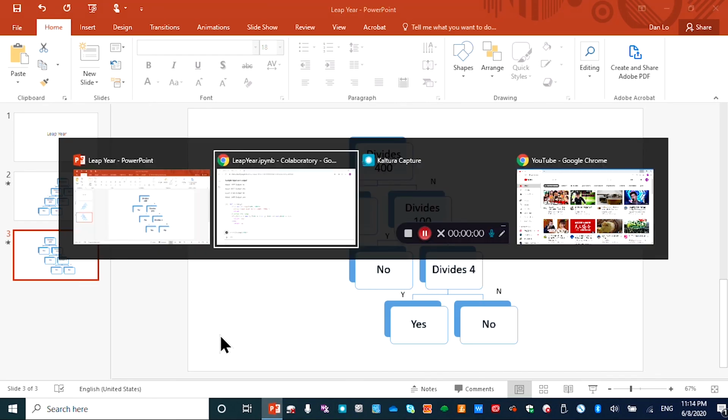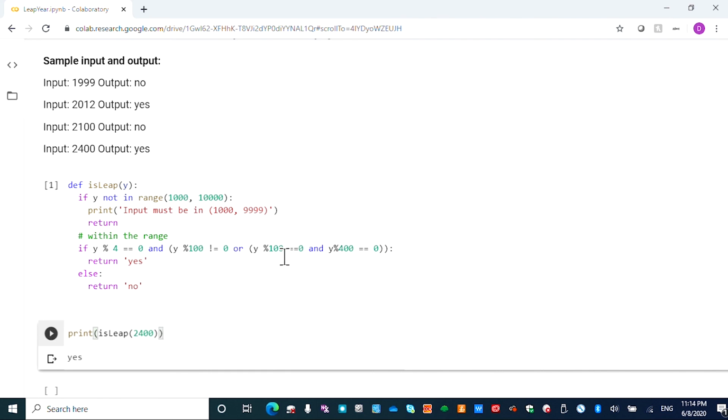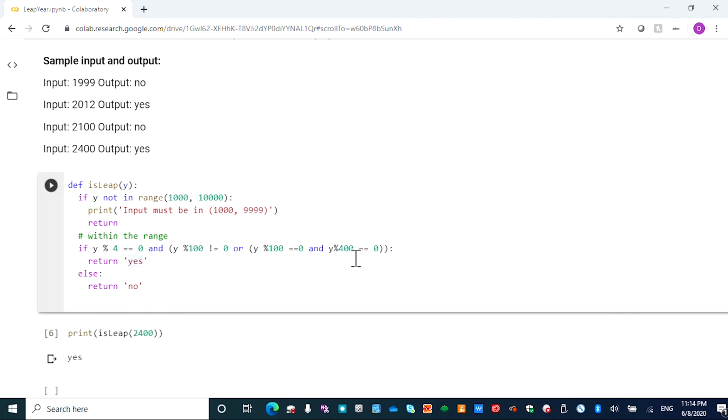But let's go back to the program here. That's the condition we can further simplify. So for example, divide by 100 equal to 0 and divide by 400 equal to 0. This basically is saying that if y divided by 400 equal to 0, then y divided by 100 must be 0.